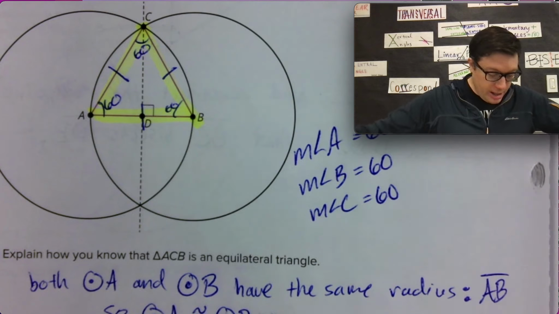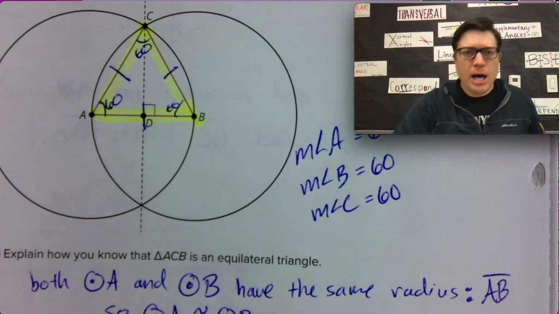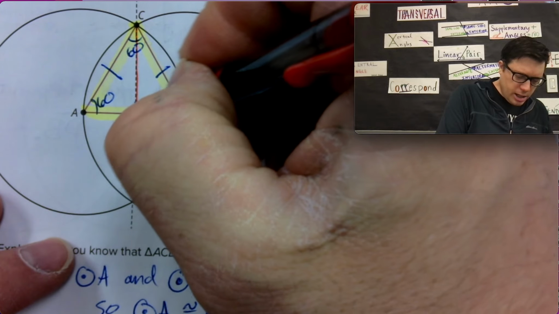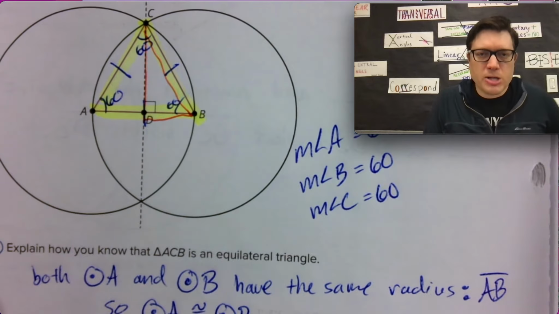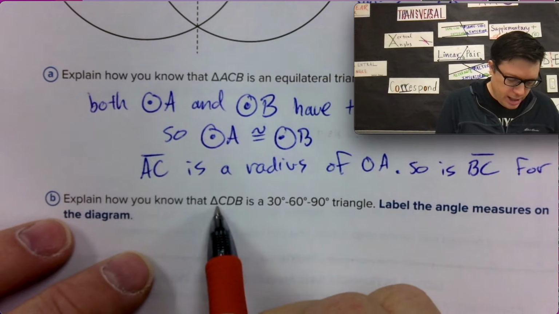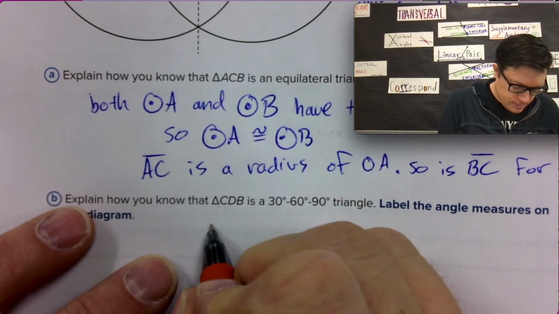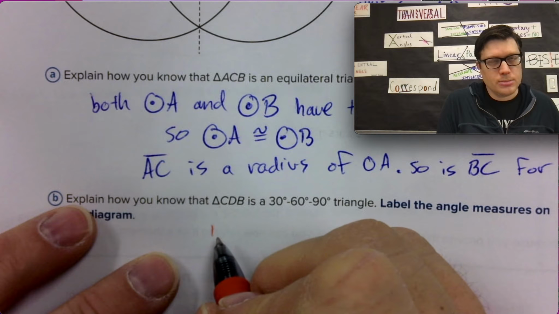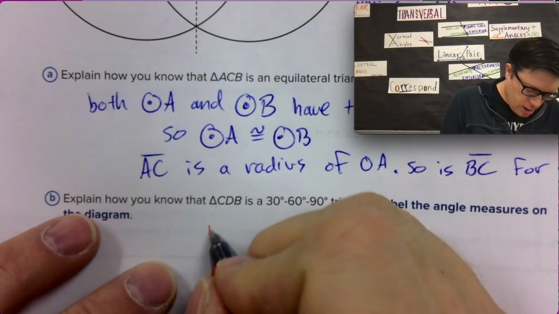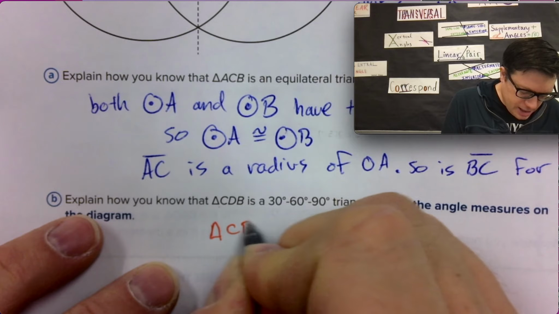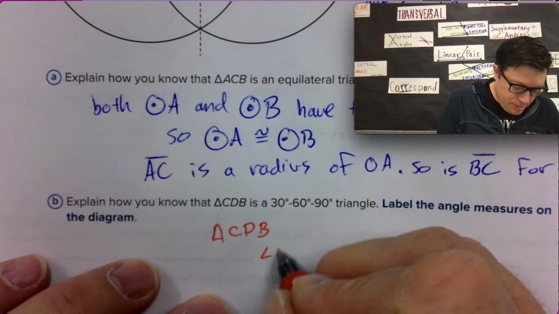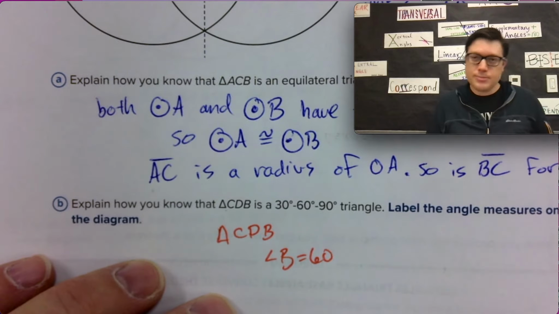Well, I'm almost ready to answer the last question. The last question says, how do you know that you have a 30, 60, 90 triangle? What they're talking about specifically is triangle CDB. Okay, triangle CDB is 30, 60, 90 because angle B is 60 degrees.